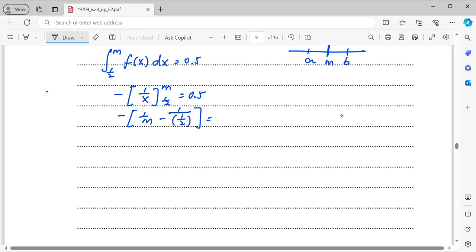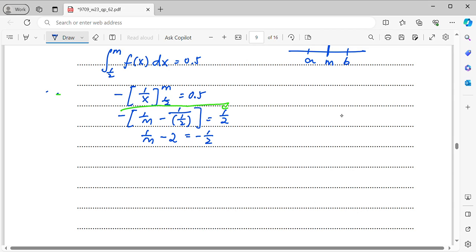So this 0.5 I can change to half as well. So then from here I will get 1 over m minus 1 divided by half is basically 2. Okay, then this minus I will move to the other side. Alright, therefore this is going to be negative half. And now we need to get the m.